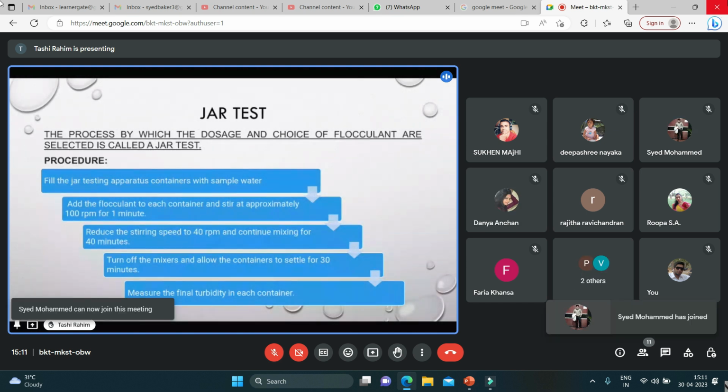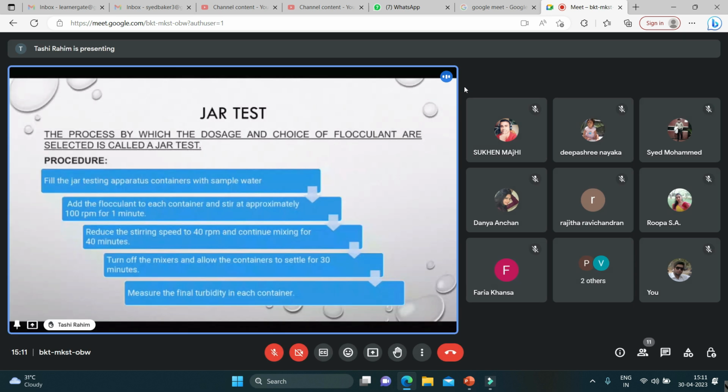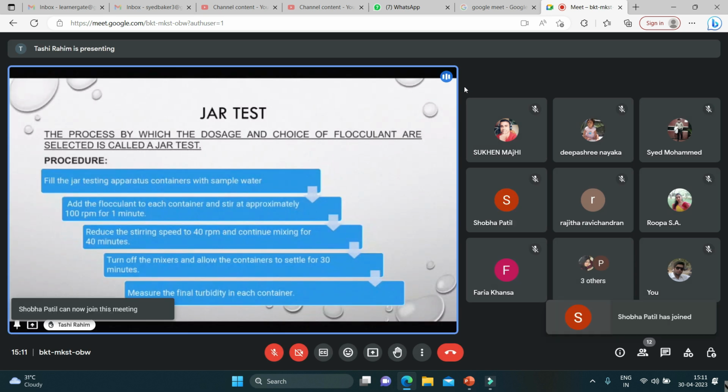The procedure goes like this: we fill the jar testing apparatus containers with the sample water, and then add the flocculant and stir it at approximately 1000 rpm for 1 minute. Reduce the stirring speed to 40 rpm and continue mixing for 40 minutes. Then allow the containers to settle for 30 minutes.